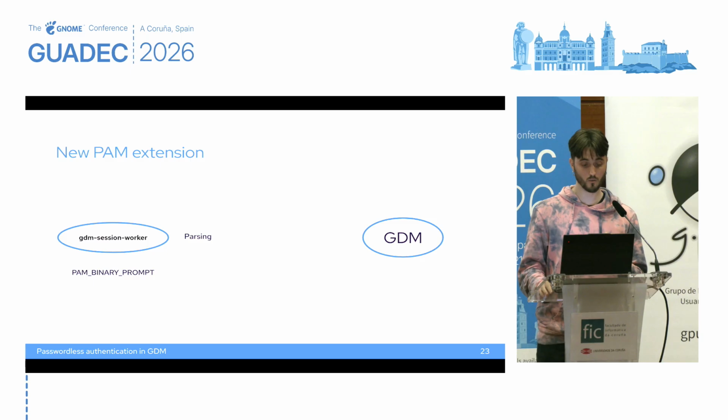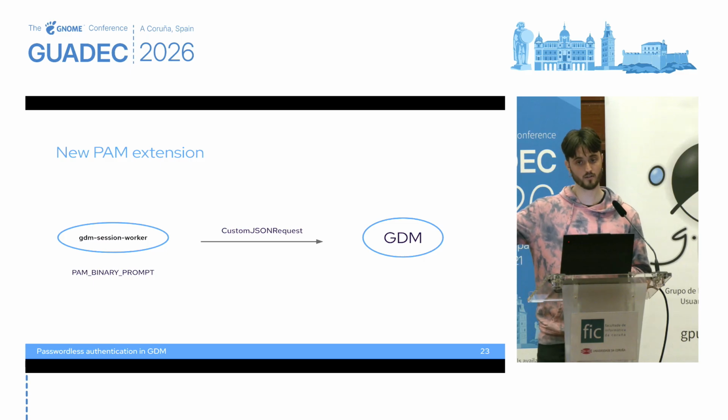And then the session worker will call the new method called custom JSON request that is sending this JSON message. GDM will forward this to GNOME Shell, which also supports JSON messages now. The user will select the authentication method, insert a password or whatever is required, and then reply with another JSON message that will be returned in this method, and the authentication will go on.